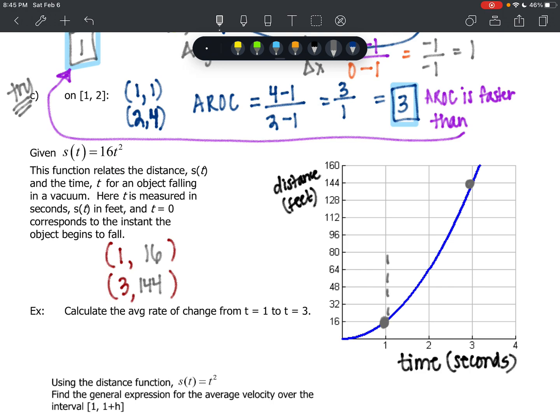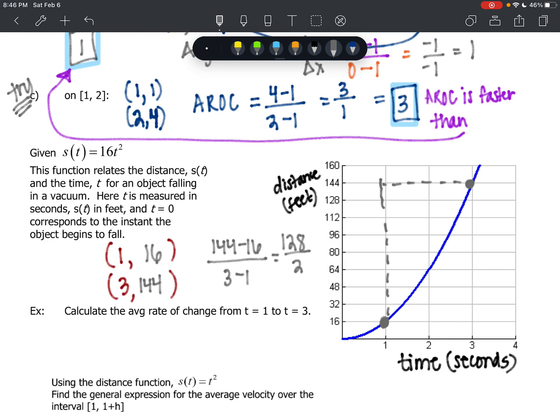Now, graphically, you can say the change in y over the change in x, or we can do this numerically. So we can say 144 minus 16 over 3 minus 1. 144 minus 16, I believe, is 128. 128 divided by 2, we would think, oh, this is 64.